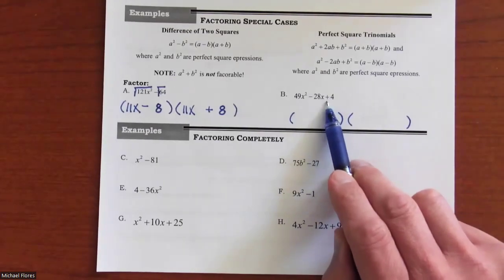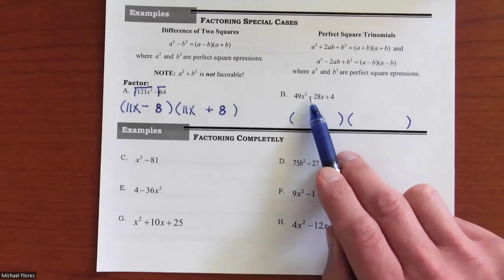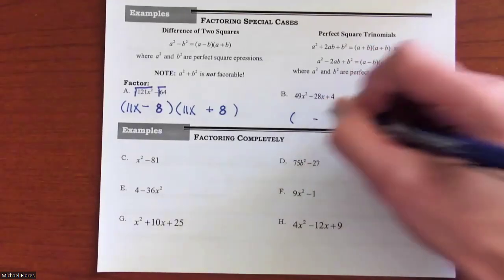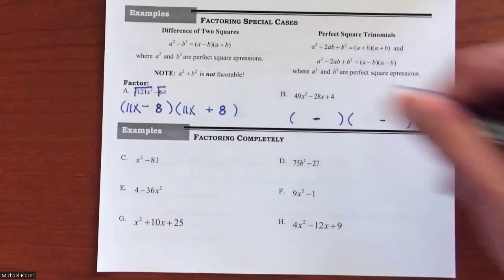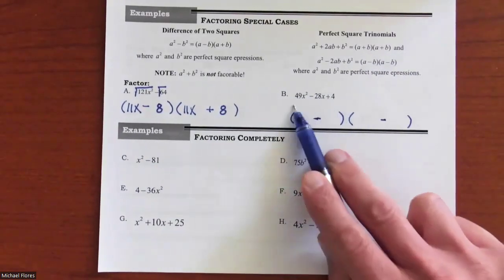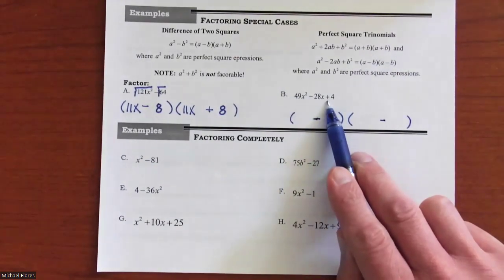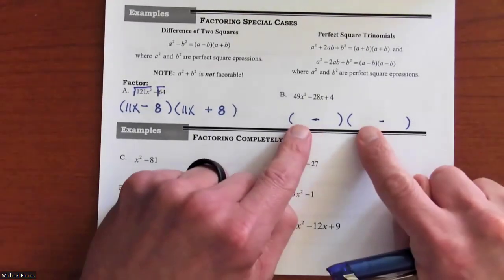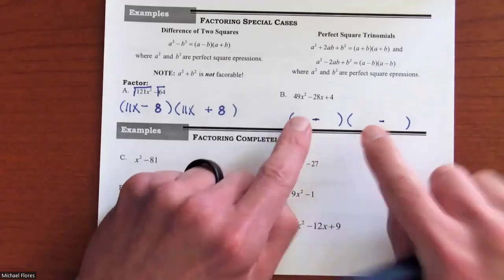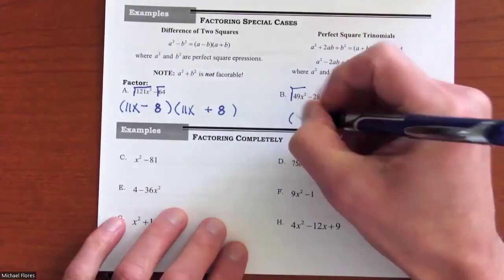This also has to be positive, must be positive. And it doesn't matter what that sign is, but that sign is important. That means both of these are going to be minus. Now, had these been perfect squares and that had been plus, and that had been plus, then these both would have been plus.